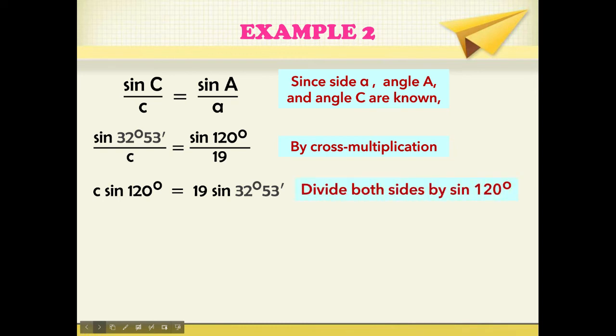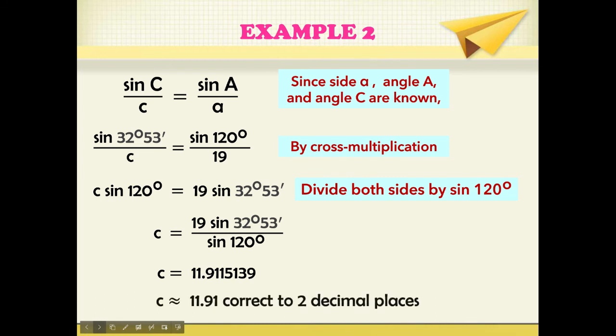Dividing both sides by sine 120 degrees, we will have C equals 19 sine 32 degrees 53 minutes over sine 120 degrees, which will give us C equals 11.9115139, or C is approximately 11.91, correct to 2 decimal places.